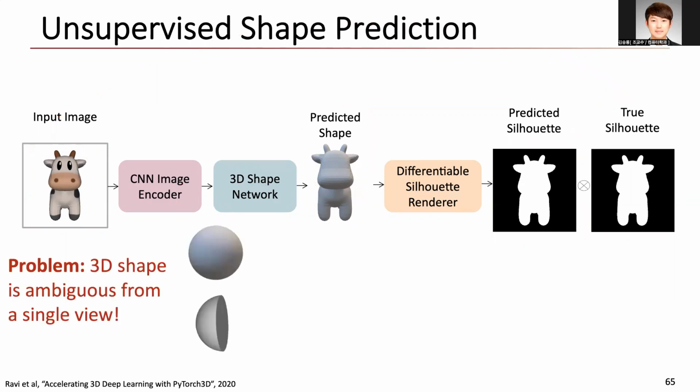But in this kind of framework, we have a critical problem. 3D shape is ambiguous from the single view.